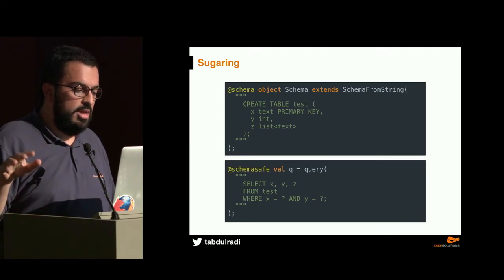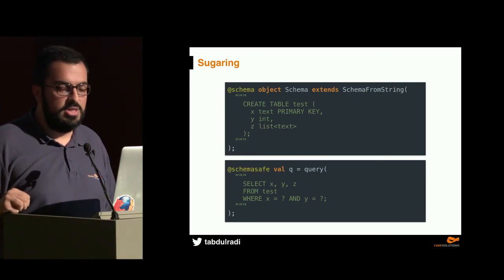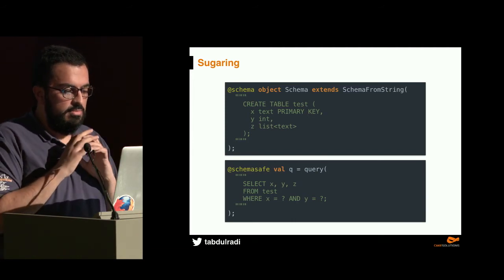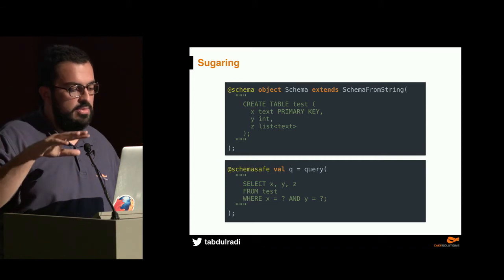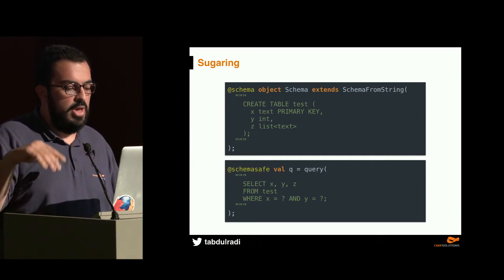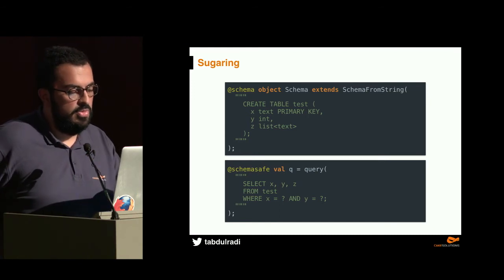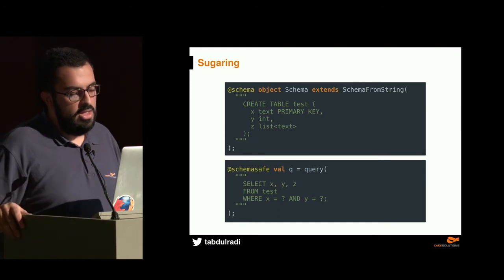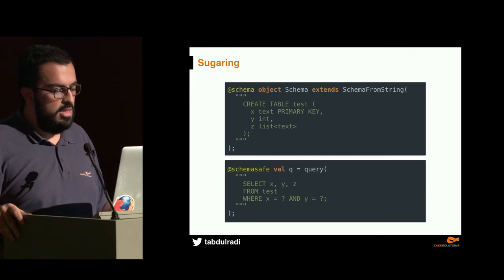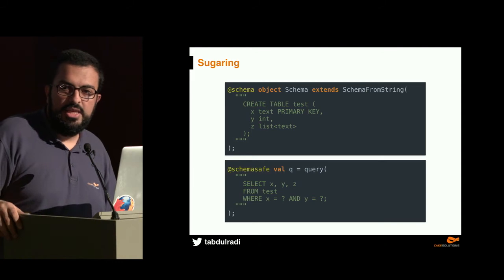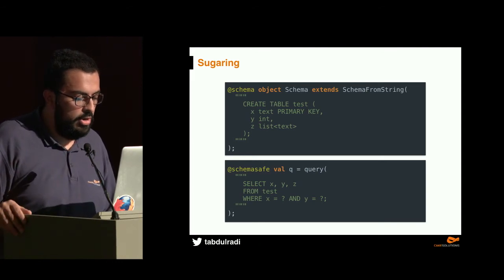You write your SQL as you used to, and inside the macro, there is a very stupid parser that just takes this SQL, parses it, and spits out the code that you should have written. So in the top, it just produces a bunch of implicit values, and in the bottom, it produces the ADT, the type level ADT I've shown you before.